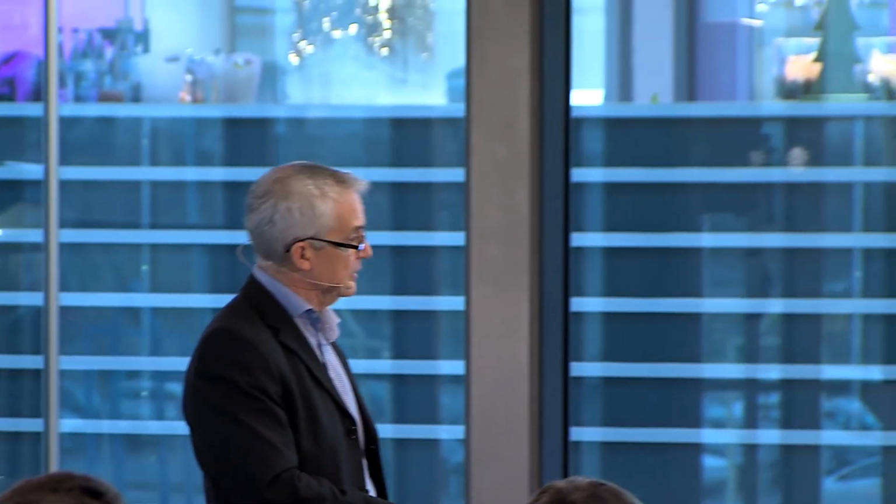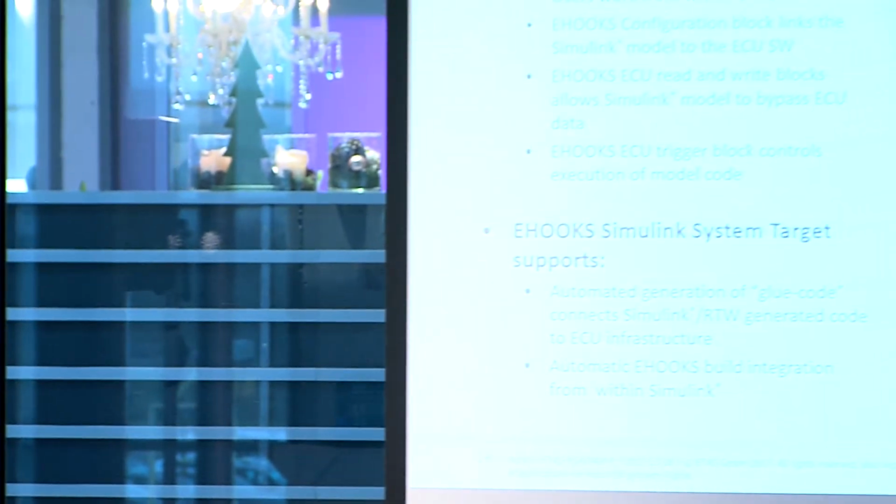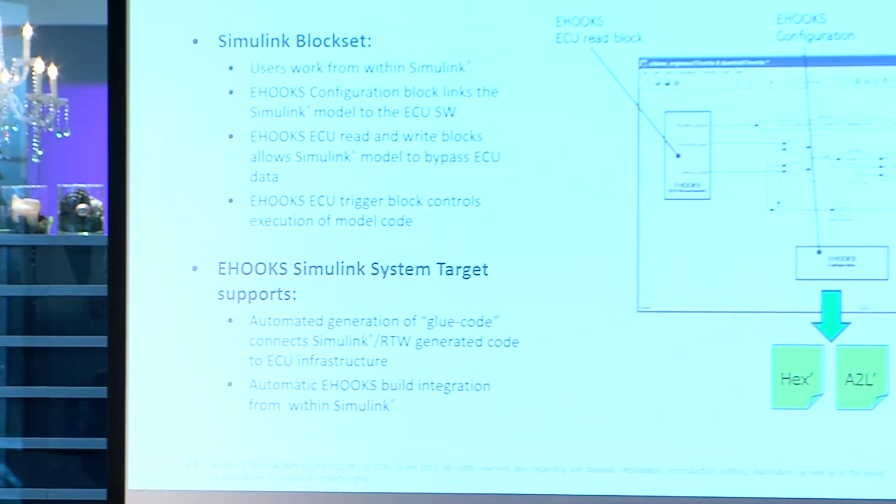So once all the configuration's done, the user can build the software as normal from Simulink. Simulink will generate the model code, and eHooks takes over, generates the hook code, compiles all the new code, and then merges it with the existing ECU and hex file to produce this new modified hex and A2L file, which now contains the Simulink model.